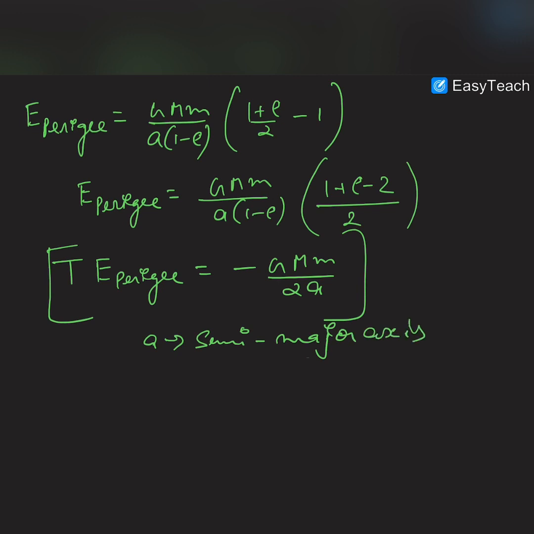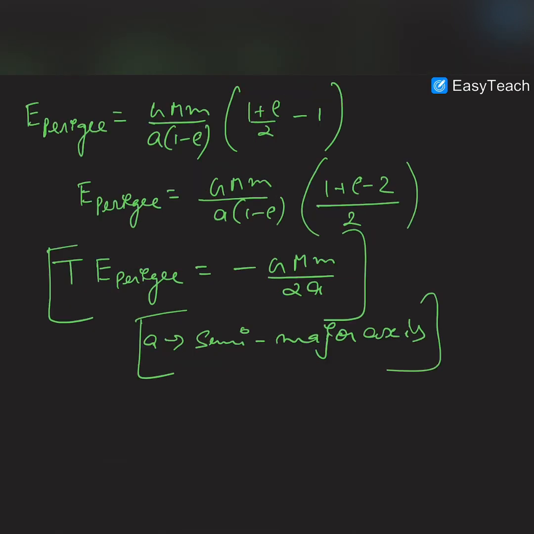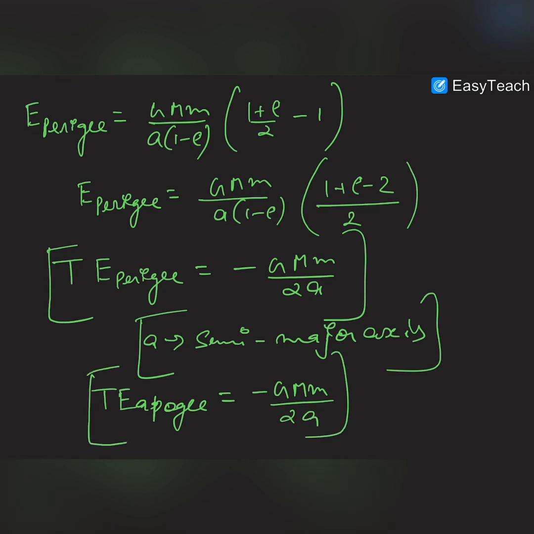And you can also check the total energy at apogee by the same process, and it would also be the same, minus GMm by 2a, where a is the semi-major axis.